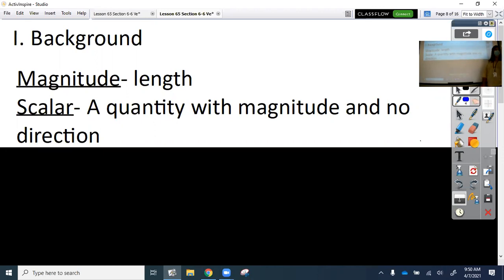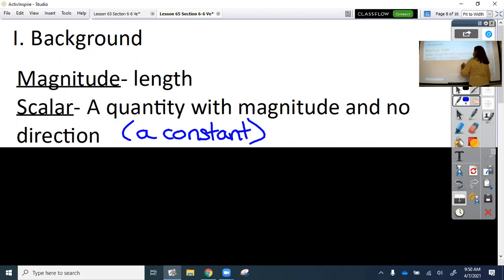In normal words, we usually think of a scalar as a constant. You use scalars a lot, we just don't usually call them that. In 4x, 4 is a scalar. You're multiplying by a number.